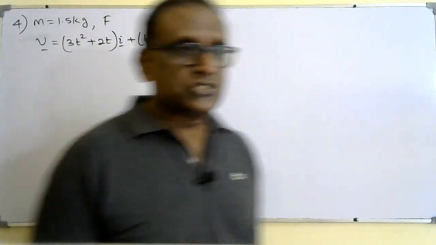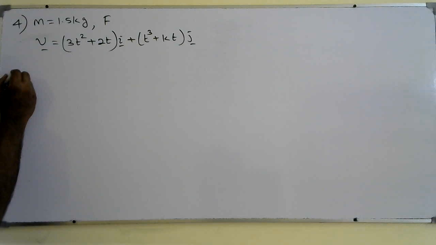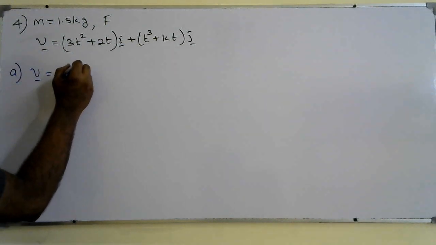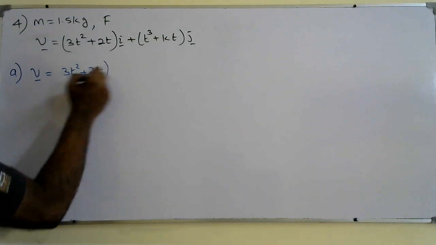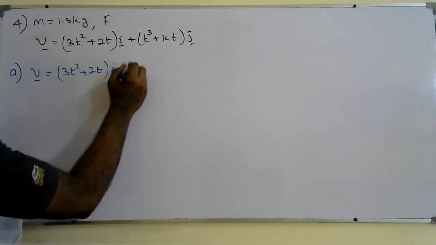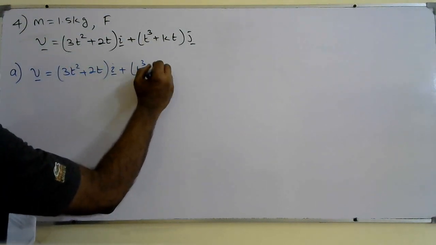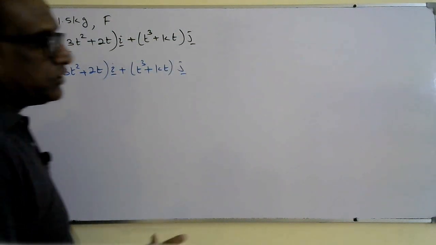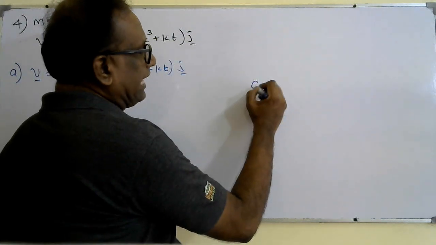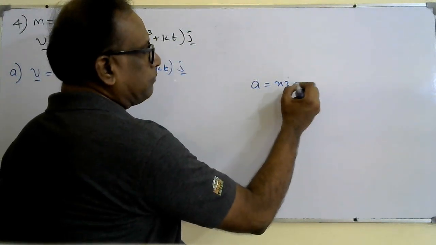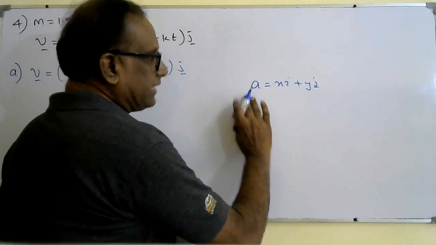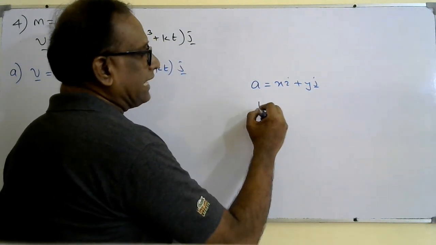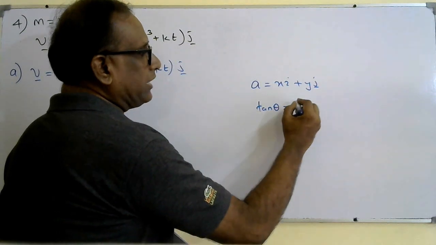So we know that velocity v is given by 3t squared plus 2t i plus t cubed plus kt j. I already told that if there is a vector A equal to xi plus yj, the direction of this vector is given by tan theta equal y over x.